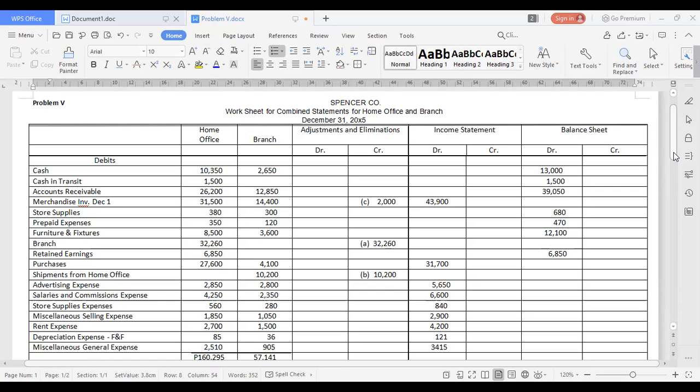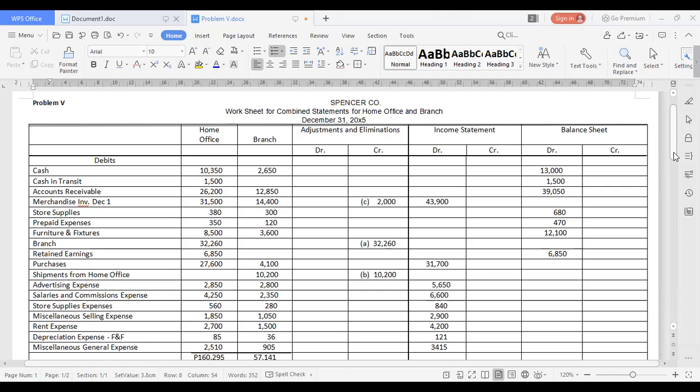We debit prepaid expense 120 and credit miscellaneous general expense. So we deduct 120 and added 105 as debit to miscellaneous general expense, 105 and credit to accrued expenses.